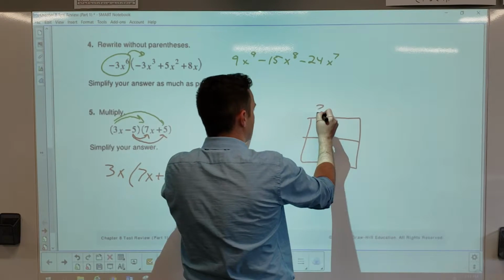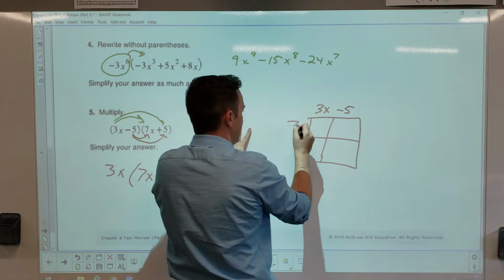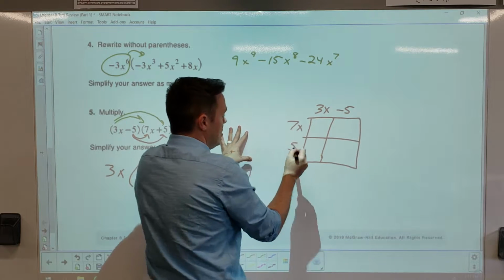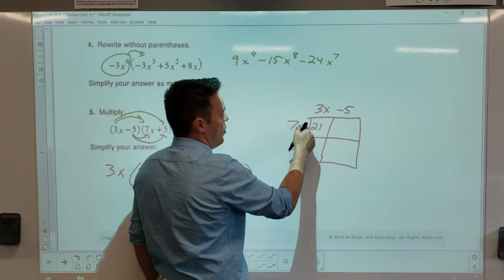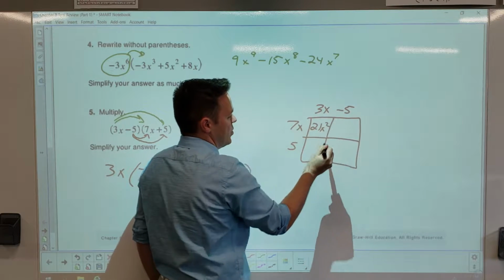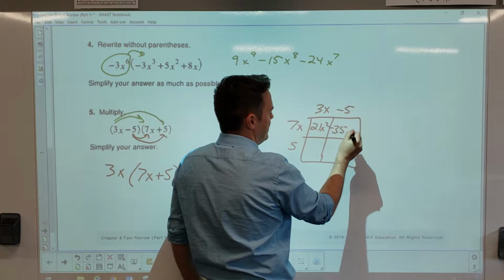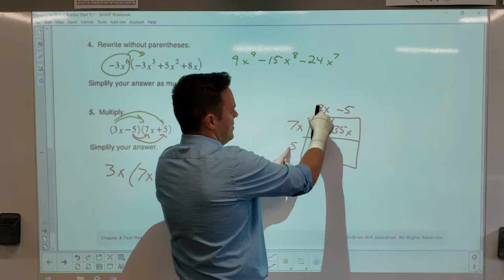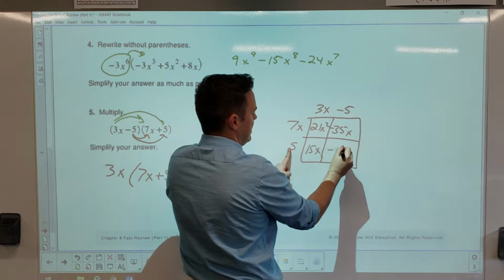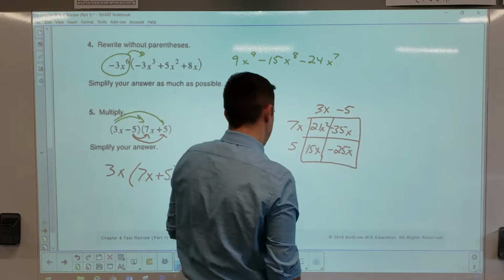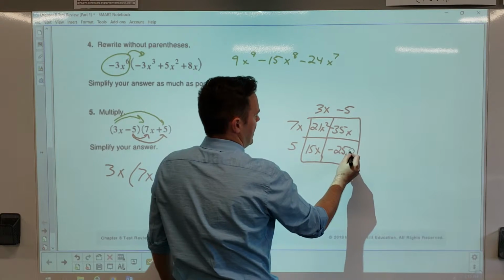So I'll use the box over here, -5, 7x, and 5. Okay, so multiply it out. It's 21, number first, and then I have 1, 2 x's. So x squared. 7 plus 5 is 35, -x. 5 times 3 is 15, and then you have the x. Lastly, -25. Whoops, not x. -25.